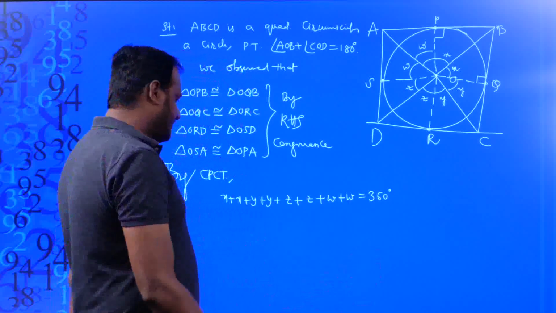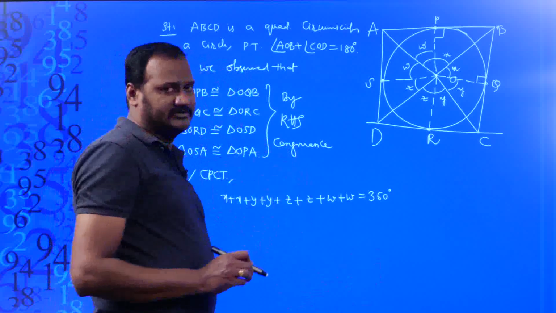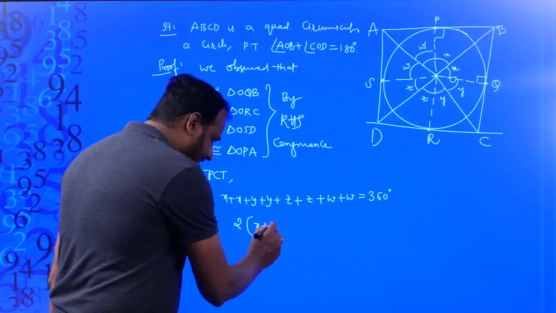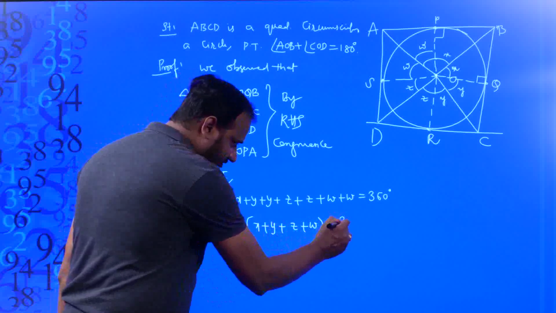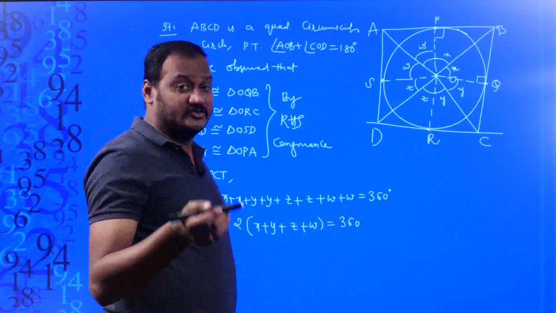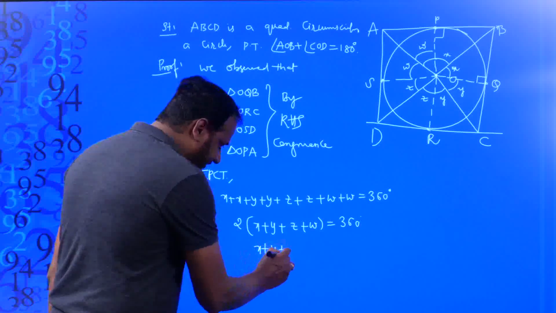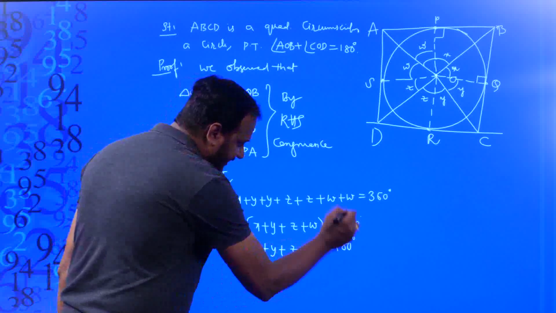There are 2 x's, 2 y's, 2 z's, 2 w's. So, I am going to take 2 common, then it would be x plus y plus z plus w is equal to 180 degrees, since 2 into 180 is equal to 360. So, what does it mean? x plus y plus z plus w is going to be 180 degrees.